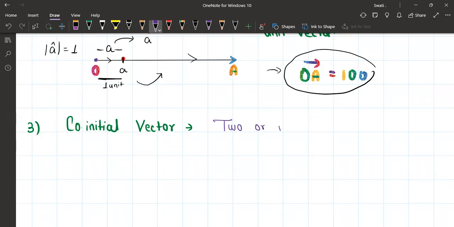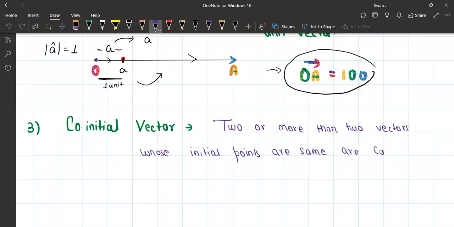So two or more than two vectors whose initial points are same are called co-initial vectors. For example, I'm going to make you understand by taking one example.